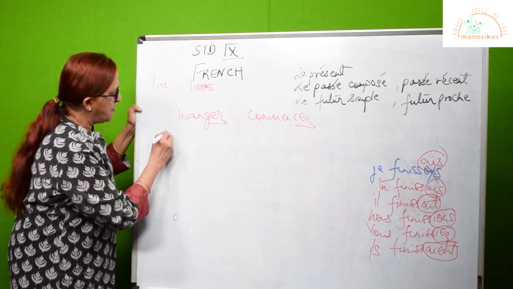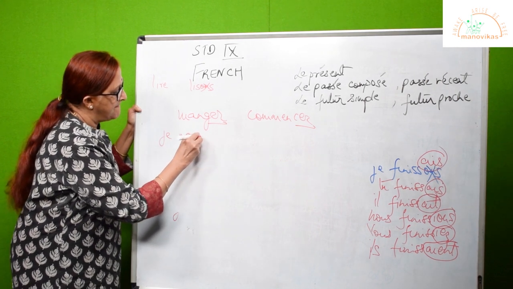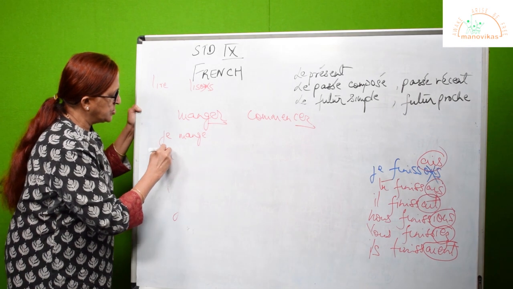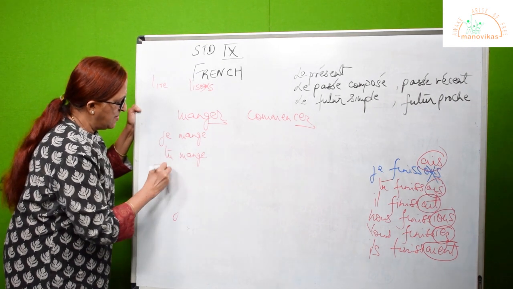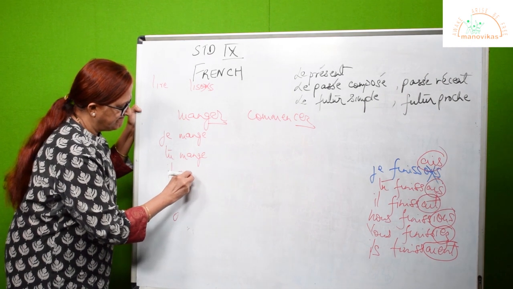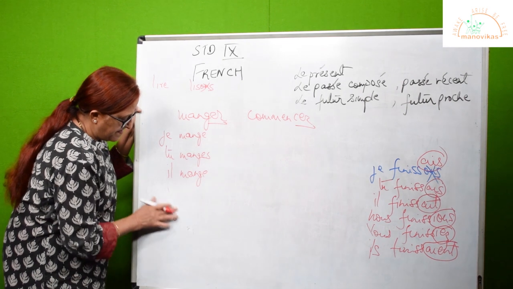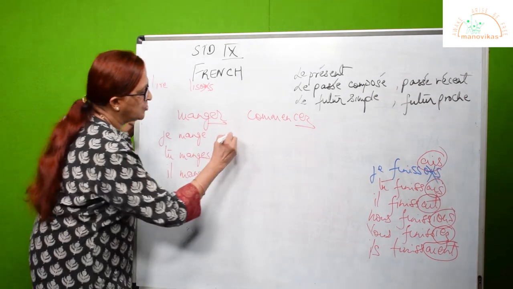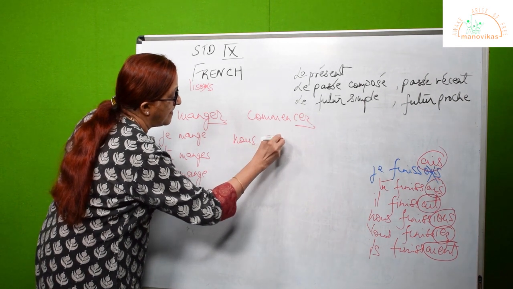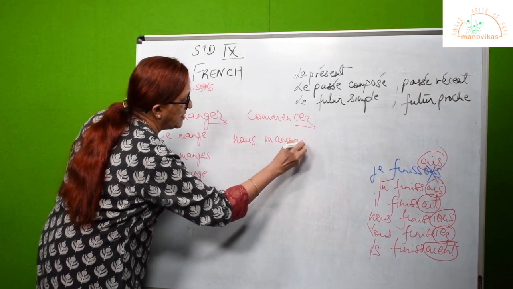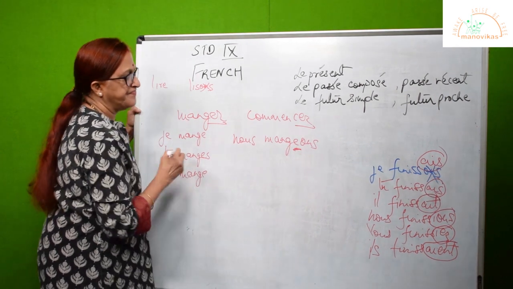If you remember your present tense, je mange, tu manges, il mange. Nous mangeons. Do you remember this? You are adding a E.